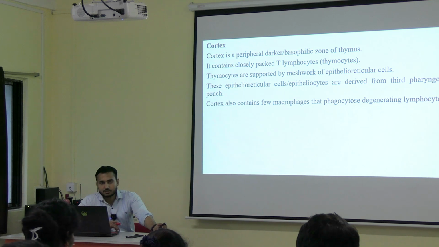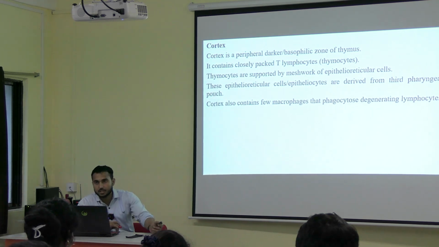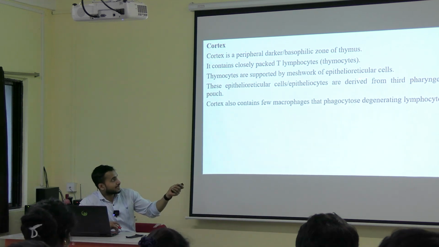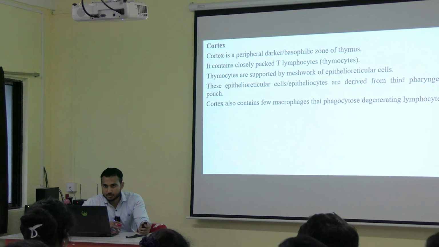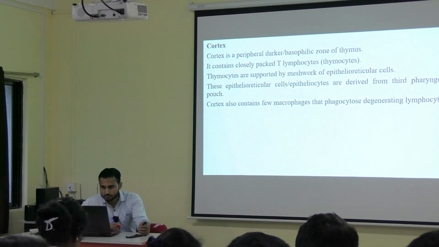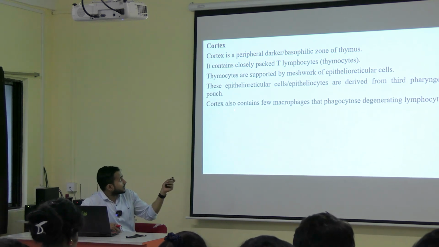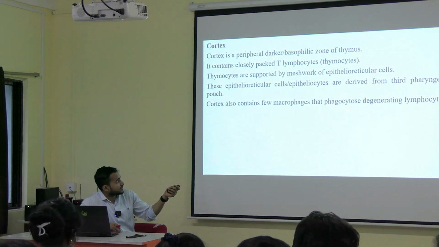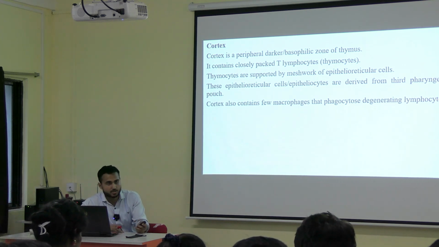Then there is the meshwork formed by the epithelio-reticular cells. How many types are there? 6 types of epithelio-reticular cells are present, and they are derived from the third pharyngeal pouch. The cortex also contains a few macrophages, phagocytes, and degenerating lymphocytes.